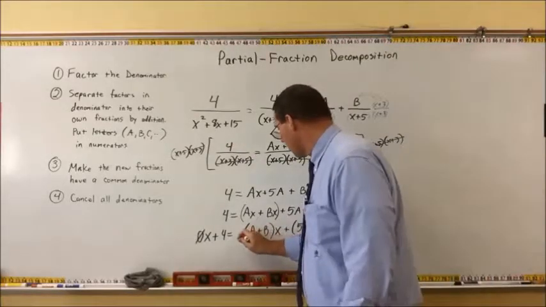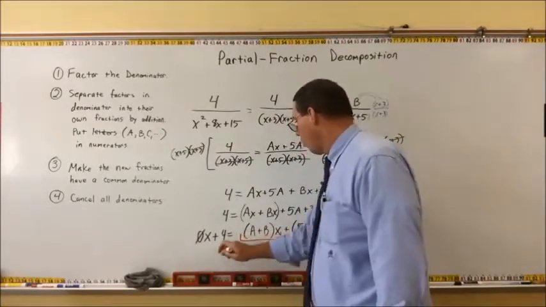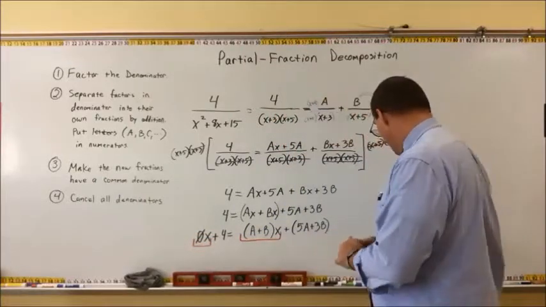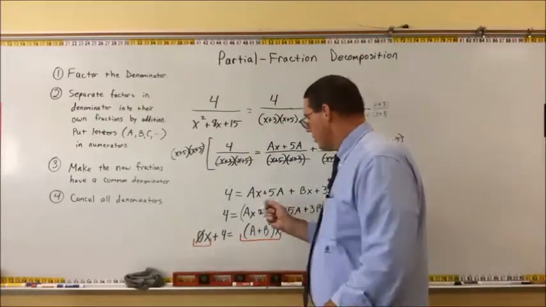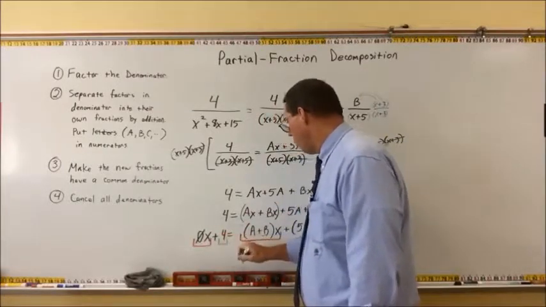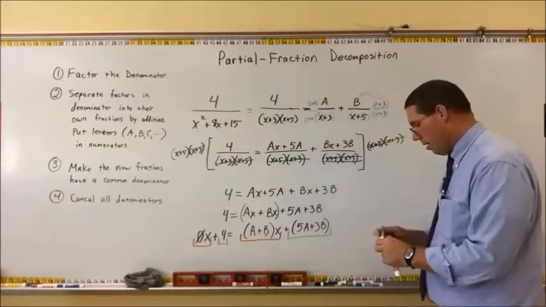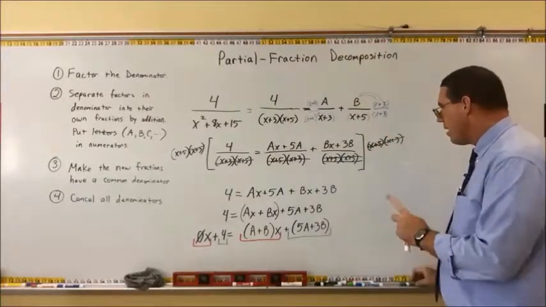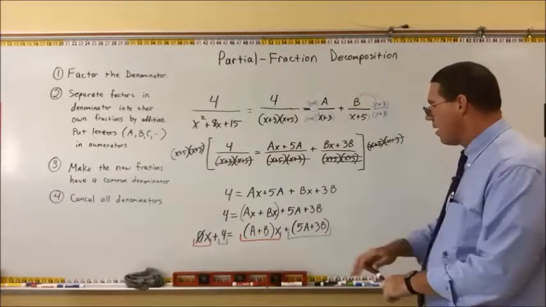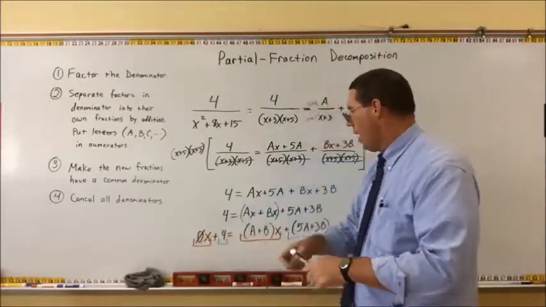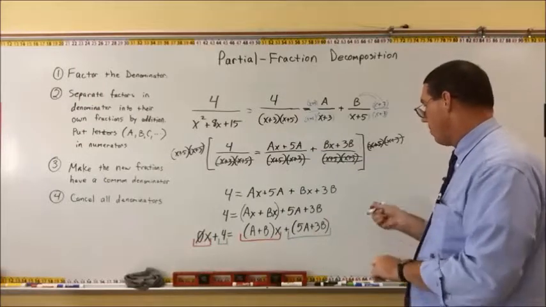This a plus b x corresponds to this 0 times x. And this 4, positive 4, corresponds to this 5a plus 3b. So what we can say is that a plus b x is equal to 0x, or just 0.